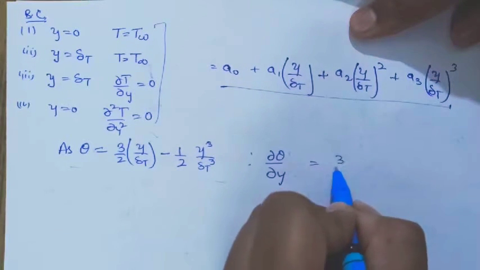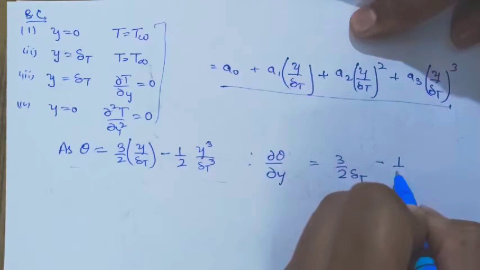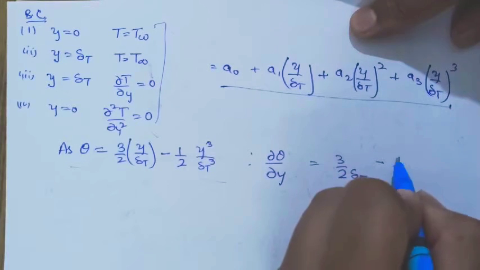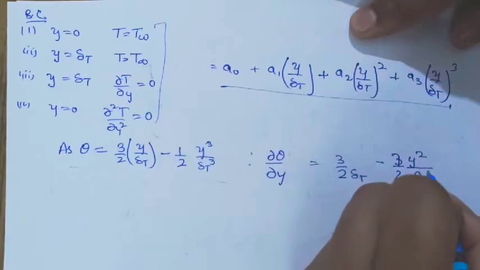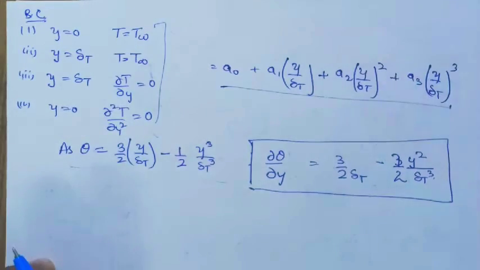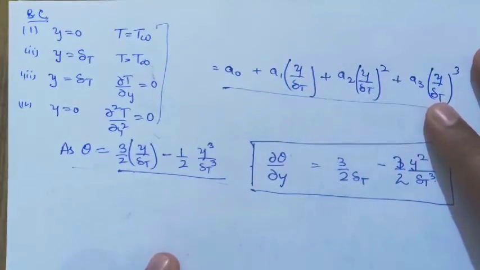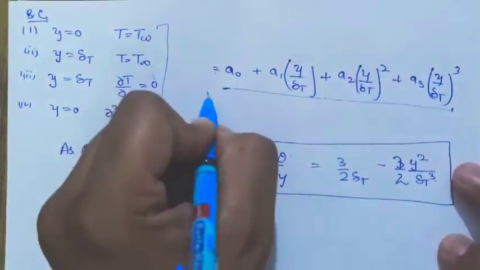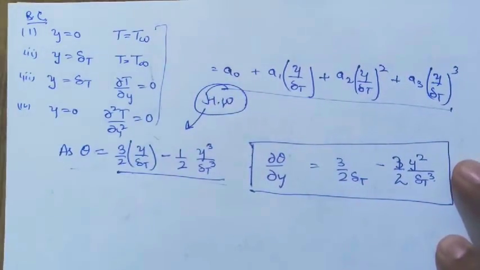So it will be 3 by 2 delta t minus 3y square by 2 delta t cube, right? So we'll use this relation also in our final compilation. So this is the theta which you are getting after solving this. It is your homework to get this solution, as we did in the hydrodynamic boundary layer.